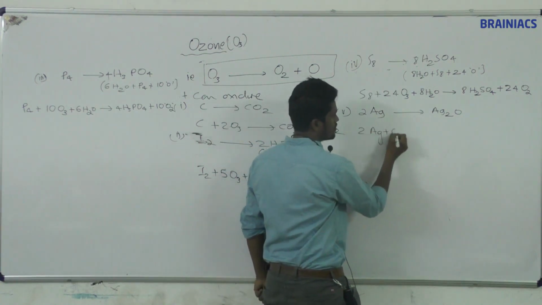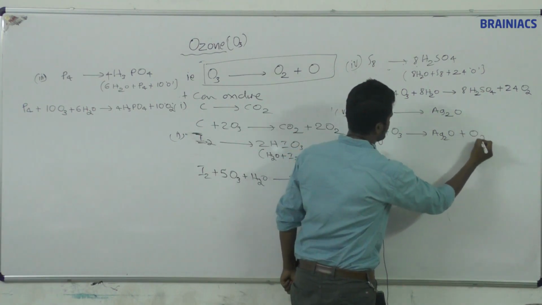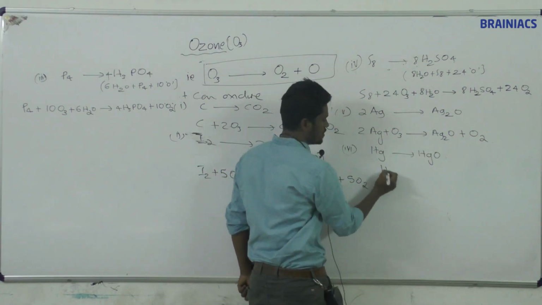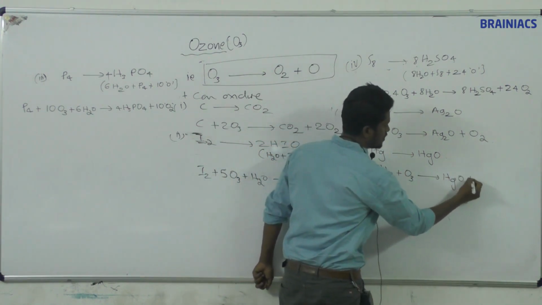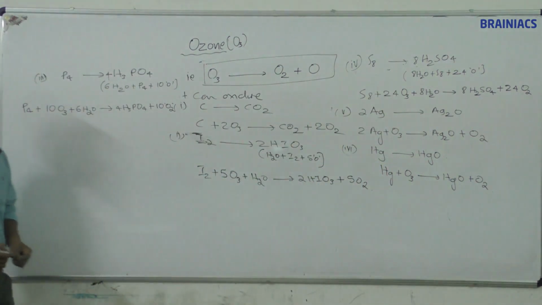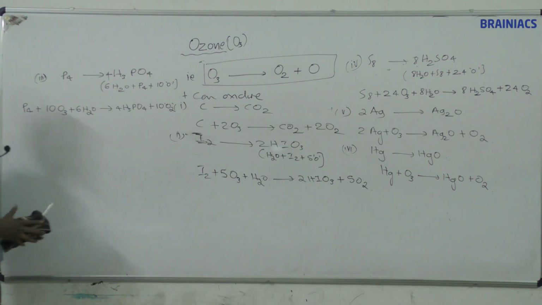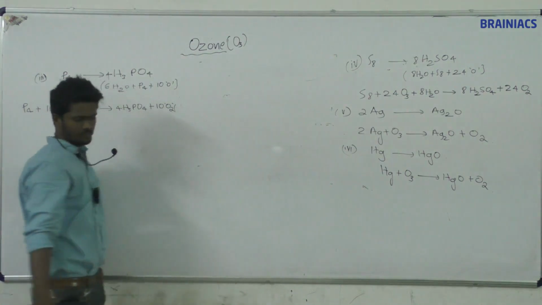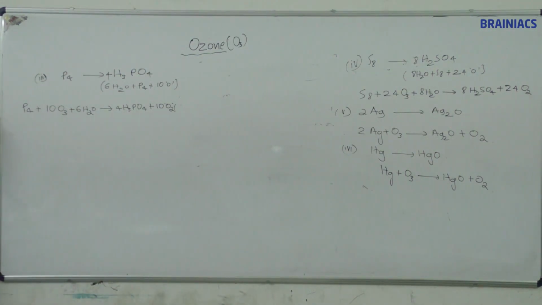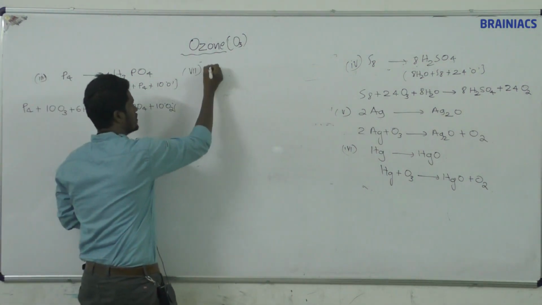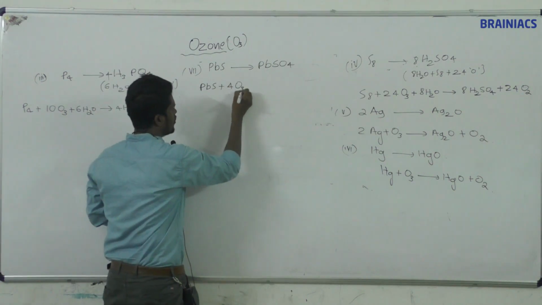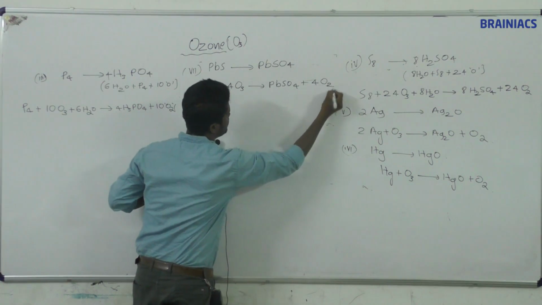In the same way, PbS into PbSO4, that is PbS plus 4O3 gives PbSO4 plus 4O2.